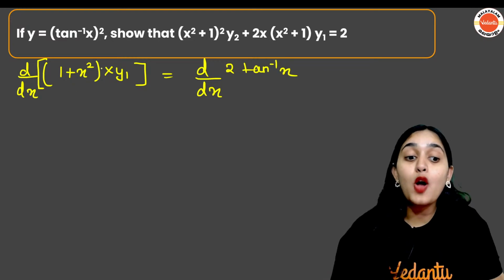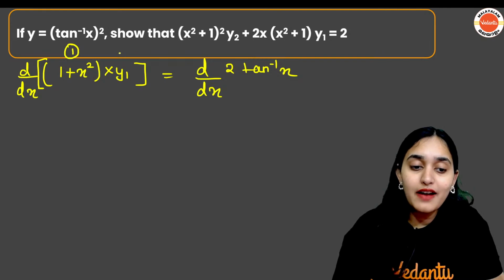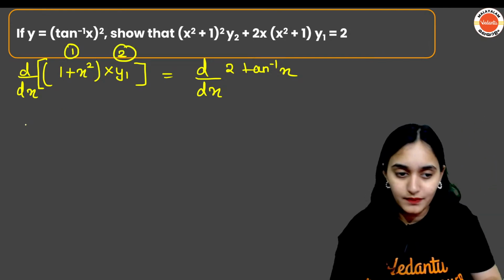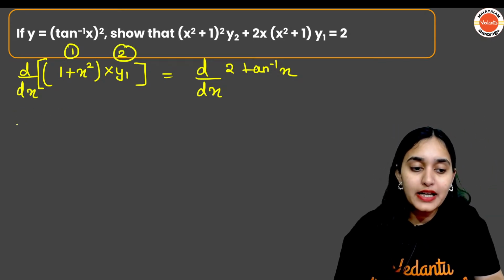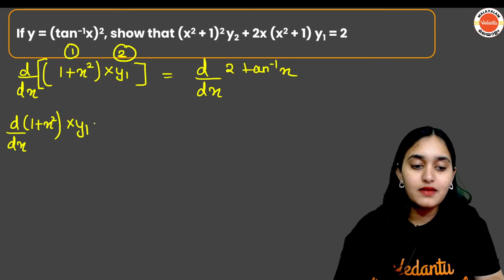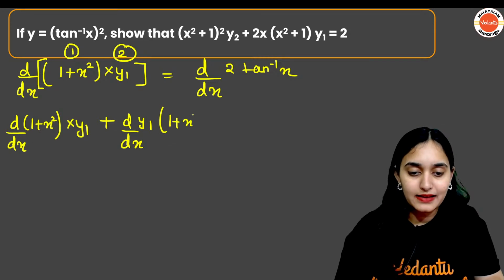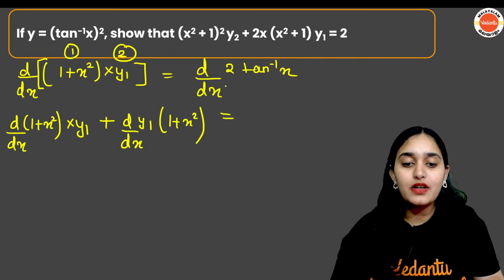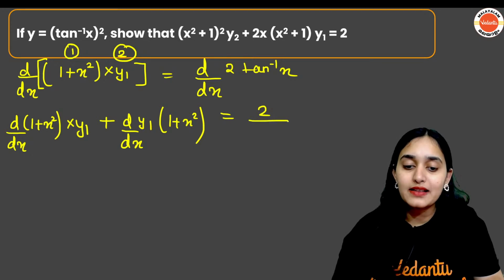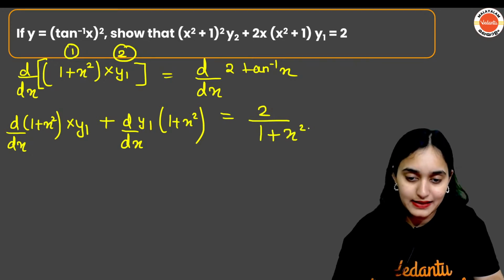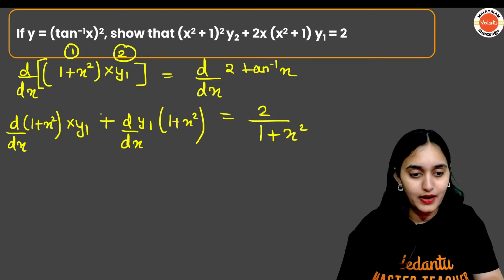We will apply the product rule. This is function 1, function 2. When you apply the product rule, it will be the differentiation of 1 plus x square into y1, plus the differentiation of y1 into 1 plus x square, is equal to the differentiation of tan inverse x, 1 upon 1 plus x square. So 2 upon 1 plus x square.